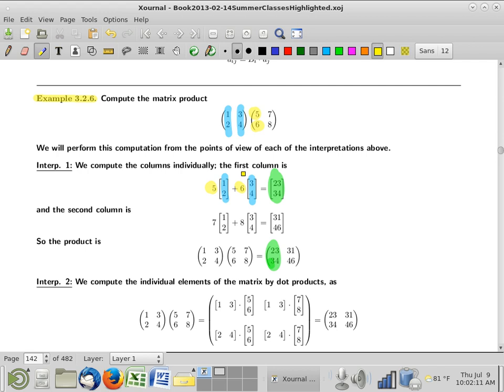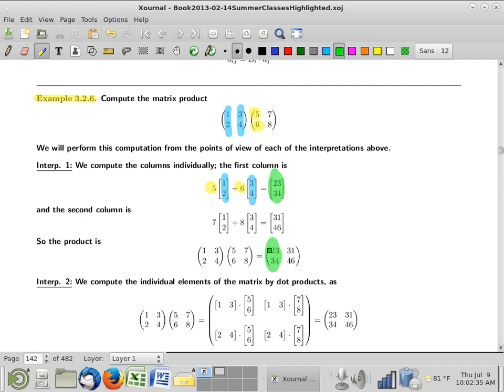Yeah? In order to multiply matrices, do they have to be the same size? They have to have something in common. In particular, the number of columns of the left matrix that you're going to be taking a linear combination of has to equal the number of entries in a column of the right matrix, so that you'll have the right number of coefficients to match the right number of vectors.